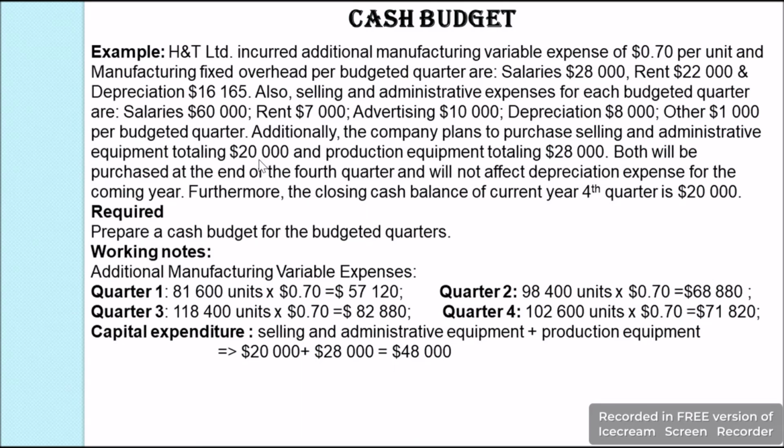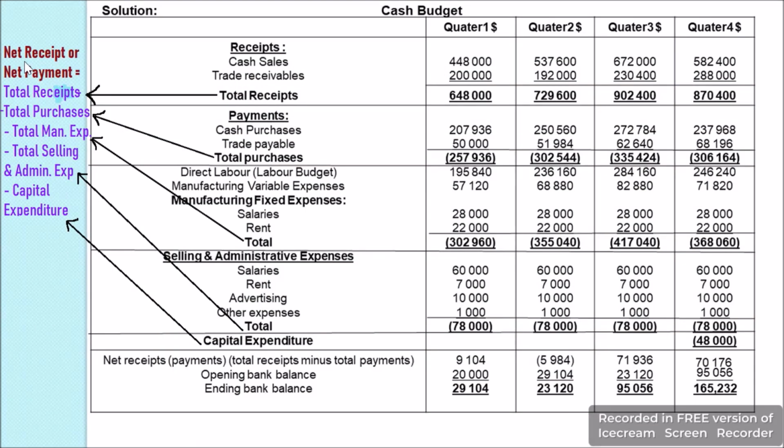Furthermore, it is given here that we are purchasing two equipments, that is one for the selling and administrative equipment and one is the production equipment. So we are purchasing two equipment, so our capital expenditure will be $20,000 plus $28,000, which will be $48,000.